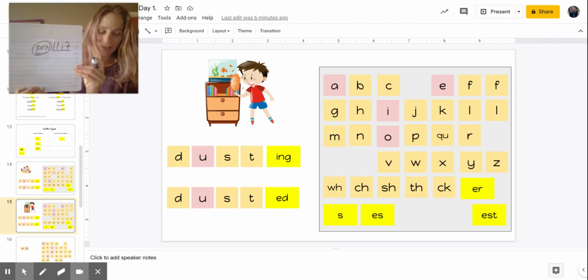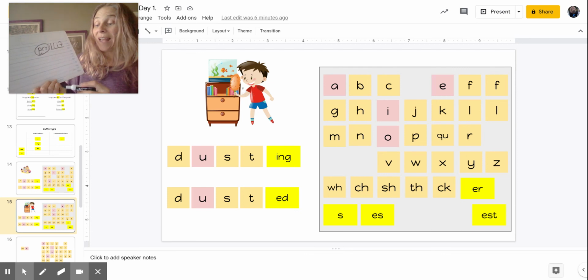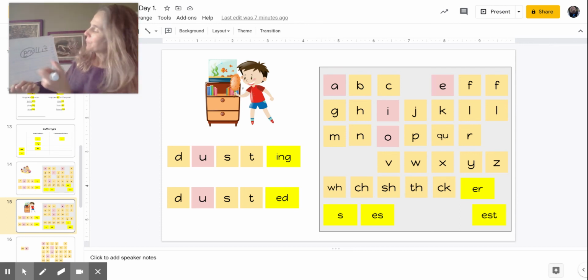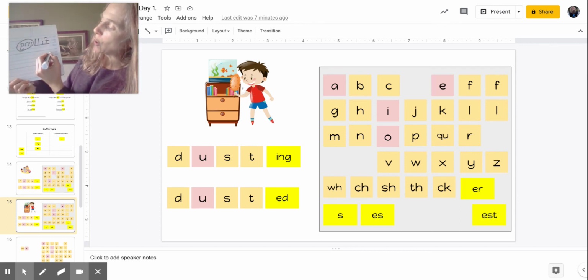And now our last one is going to be under that ed section with that funny looking upside down e. It is going to be the word posted, like I posted the picture on social media. Let's tap out the base word post. Post. That's one of those closed syllable exceptions, huh? So I'm going to write out post.